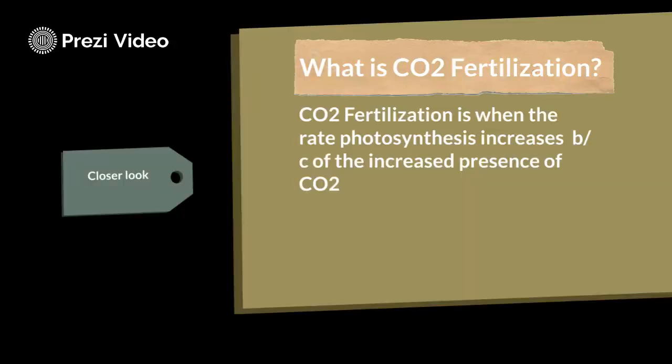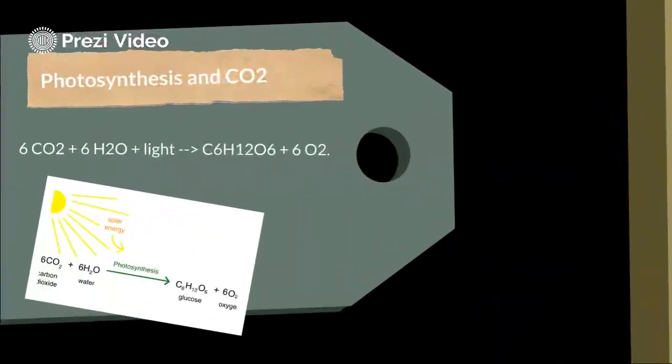Now, let's get into what CO2 fertilization is. CO2 fertilization is when the rate of photosynthesis in vegetation increases in the presence of greater CO2 concentrations. Because, as we know, CO2 is a necessary input for photosynthesis to occur.